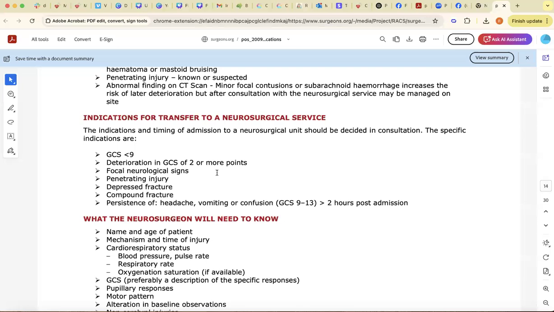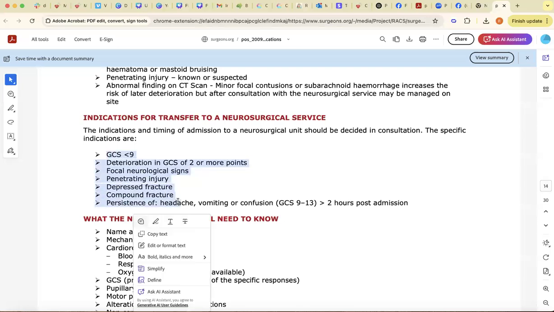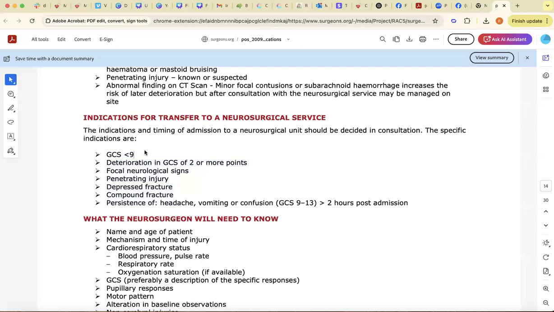If you're in a rural hospital, then this group of patients should be transferred to a neurosurgical service in a tertiary hospital. Okay? So if a patient's GCS is less than 9, or there is deterioration of the GCS, then the patient needs to be transferred.